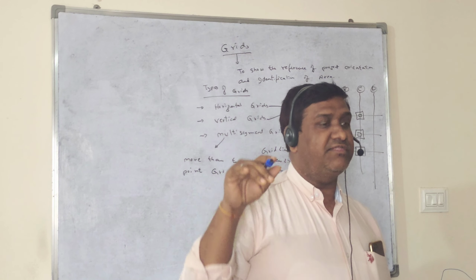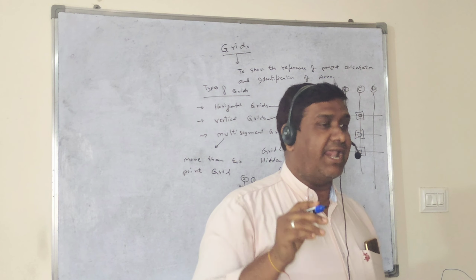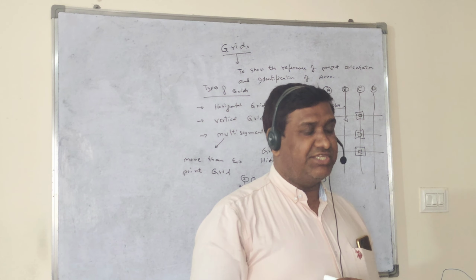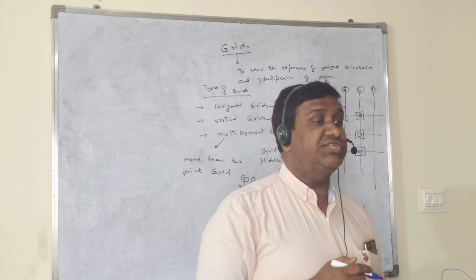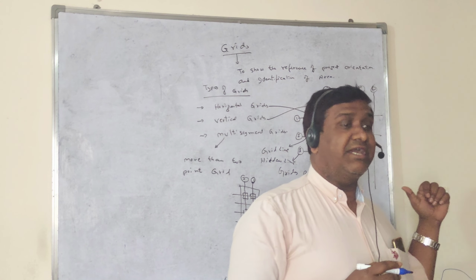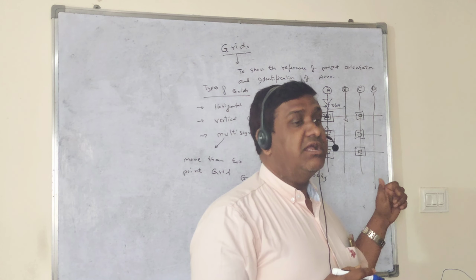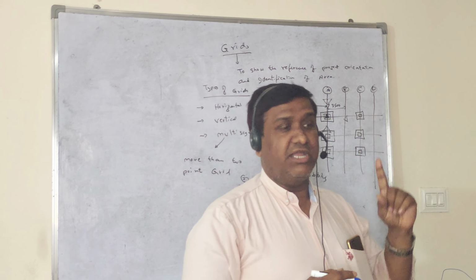We have to utilize that land for the design, because we need to do the construction and utilize the whole land. So the building shape may change. Maybe it will become L shape, U shape, S shape, or curve shape; different shapes may become. At that time also we have to provide grids, and the grid we use in that irregular-shaped building we call a multi-segment grid. So you have to draw the grid that way.